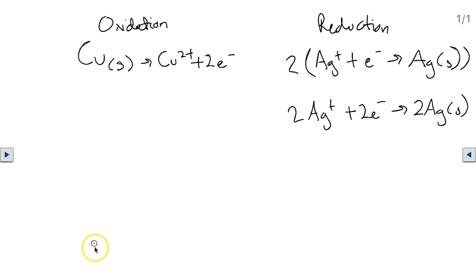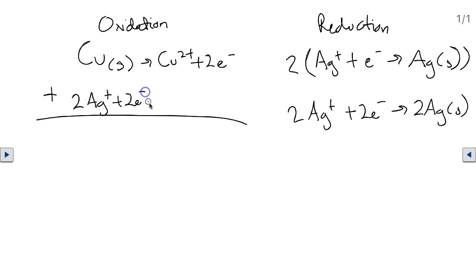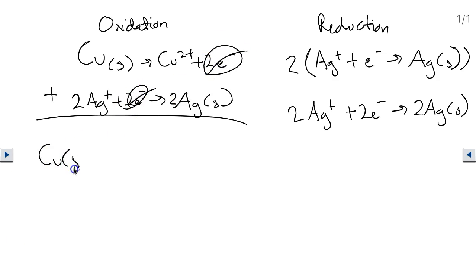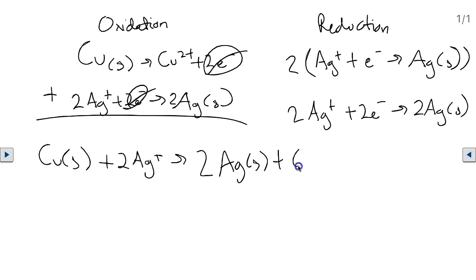So when I go to combine them, make sure your electrons are the same on both sides. And then you have copper solid plus 2 silver ions gives you 2 silvers and copper.